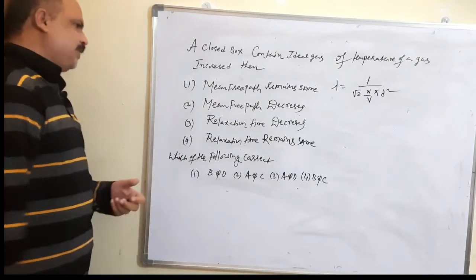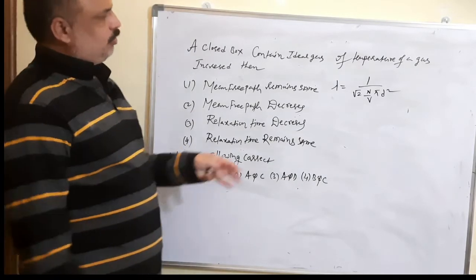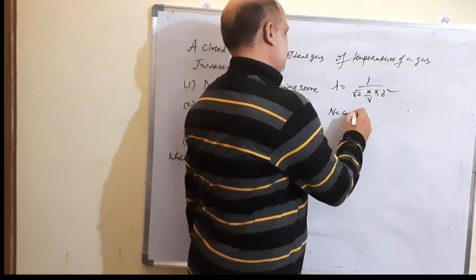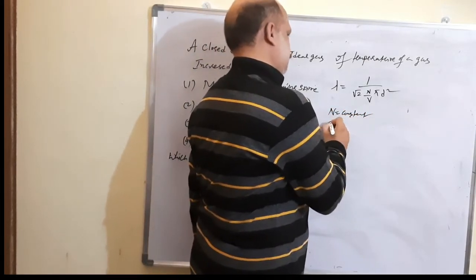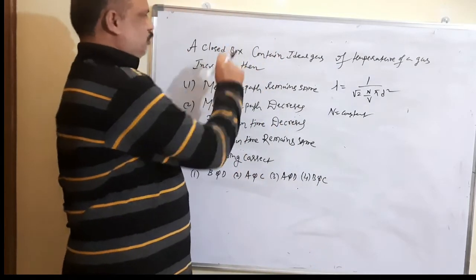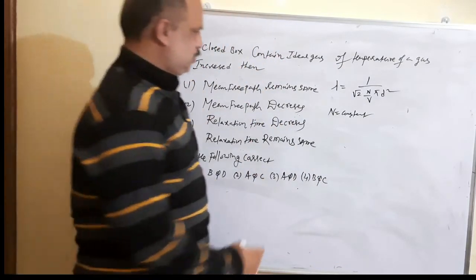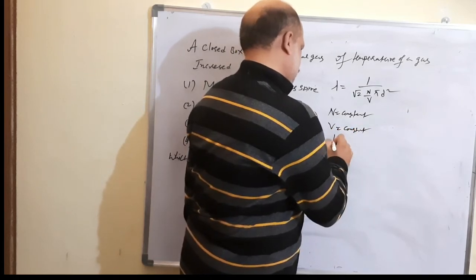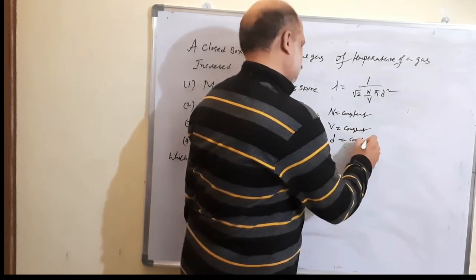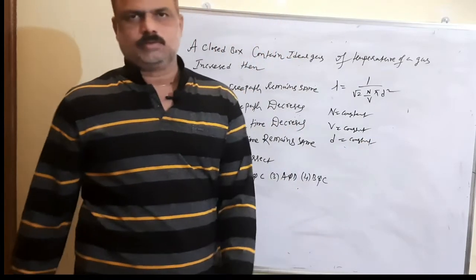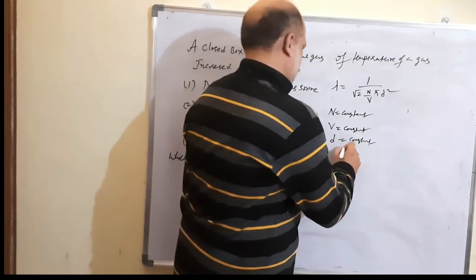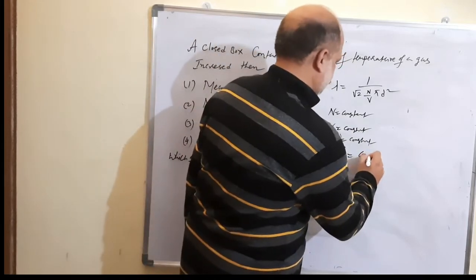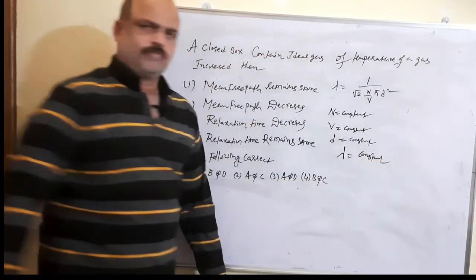Here, when the temperature increases, there is no change in the total number of molecules. N is constant. Since it is a closed box, volume is constant. D, the diameter of the molecule, is constant. So lambda, the mean free path, is also constant.